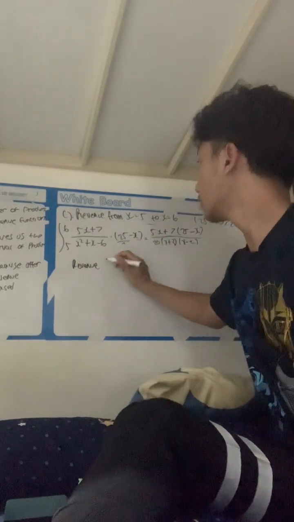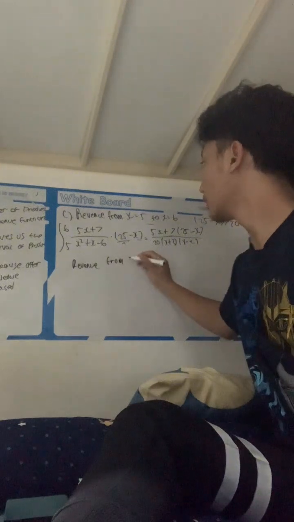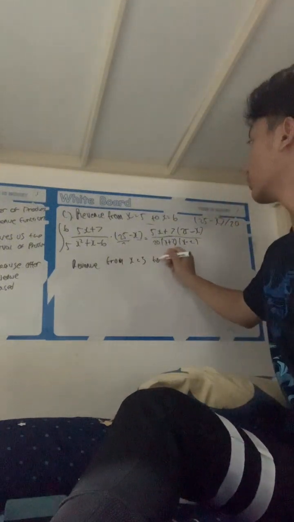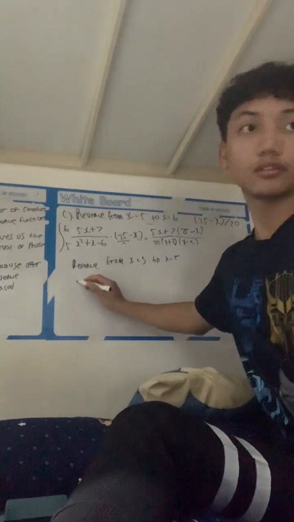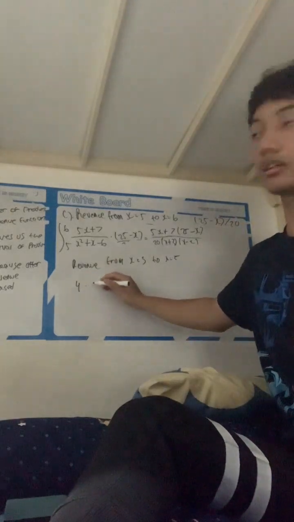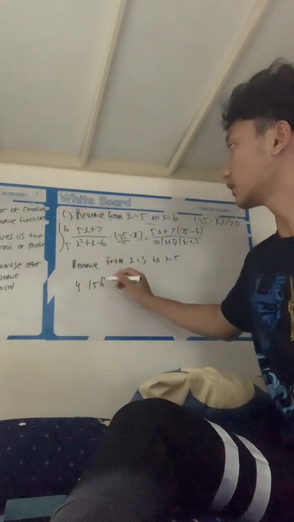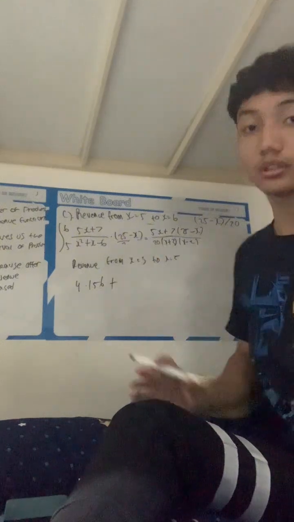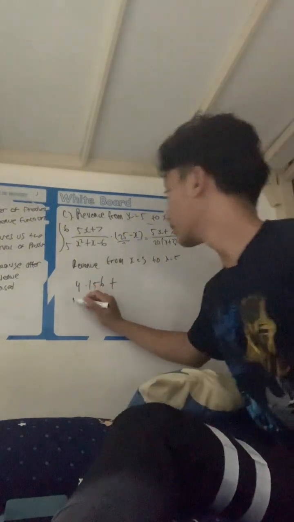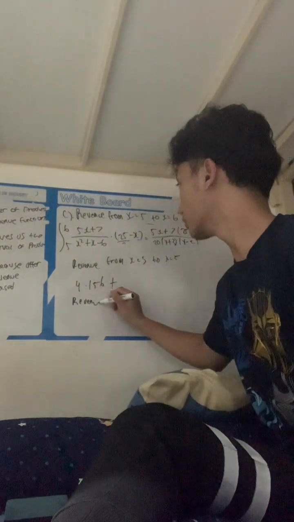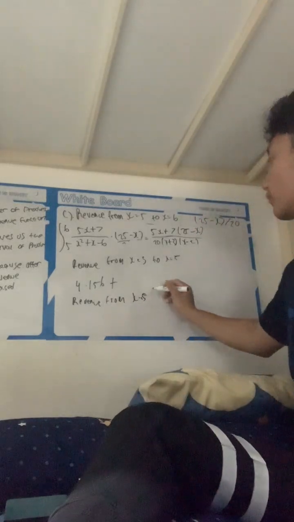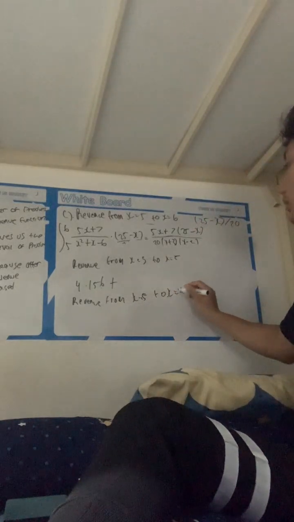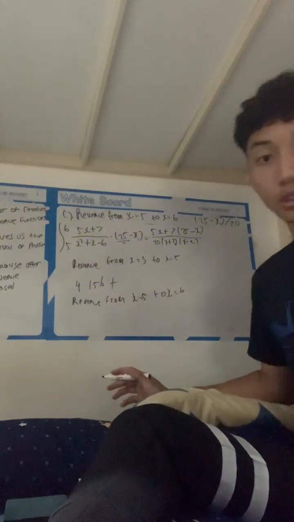So after calculating all of the revenue from x equals 3 to x equals 5, it is 4.16. So we're just gonna add to the revenue from x equals 5 to x equals 6, with the discount applied.